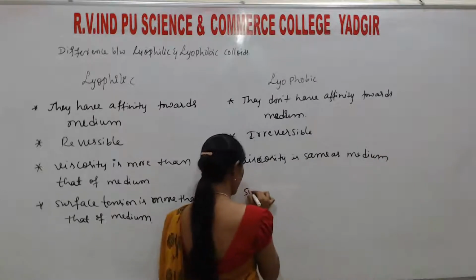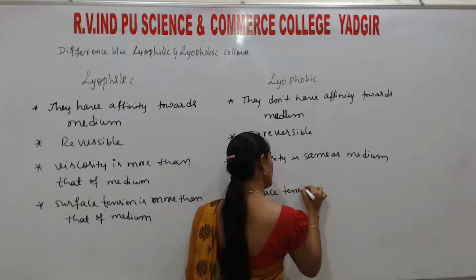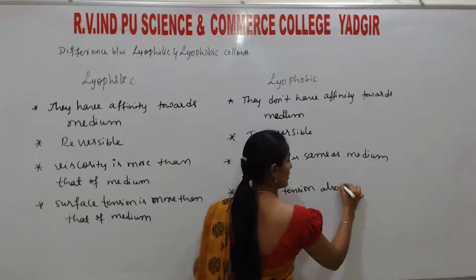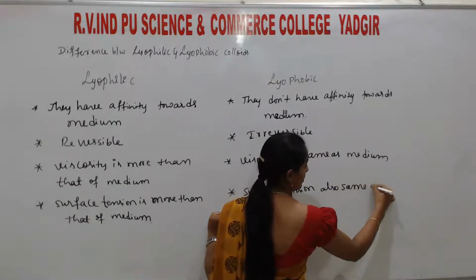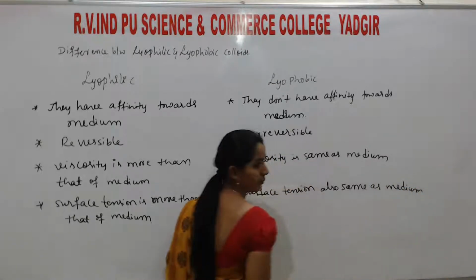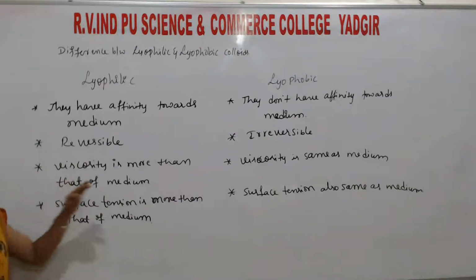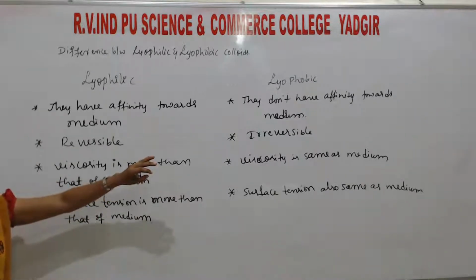Next, the surface tension is also the same as the medium. Here, both are greater than the medium, that is the solvent, and here it is exactly equal to the medium.